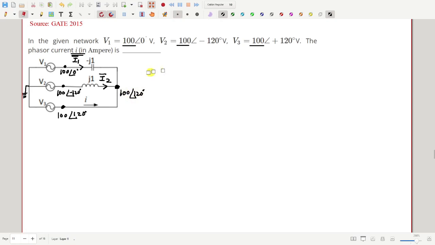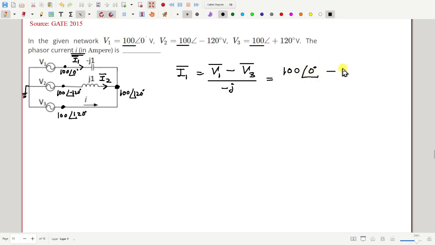So I1 is V1 phasor minus V3 divided by minus J. So this is 100 angle 0 degree minus 100 angle 120 degree, divided by minus J. How much is I2?